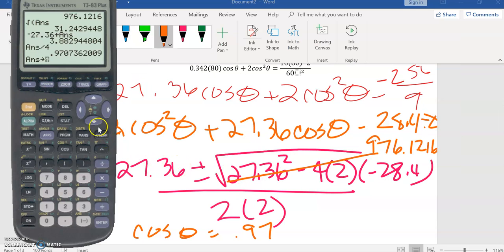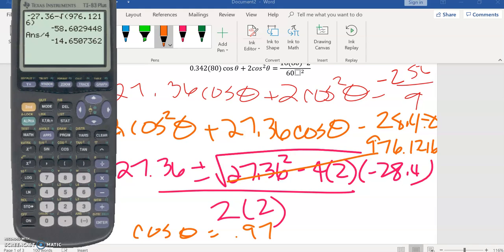Now I'm going to try the other one: negative 27.36 minus the square root of 976.1216, divided by 4. Now this gives me that cosine theta equals negative 14.7.